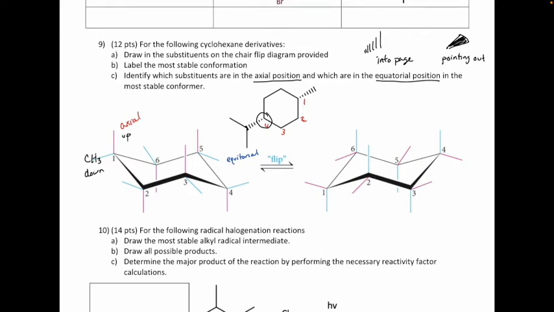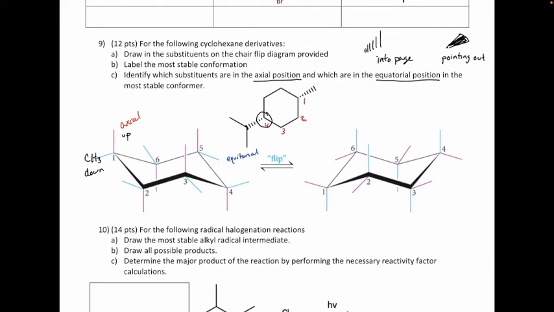Is this group pointed into the page or out at me? Into the page, so it's pointed down as well. So in this case, the equatorial bond is on top, and the axial bond is on the bottom. So I'm going to put this on my axial bond.